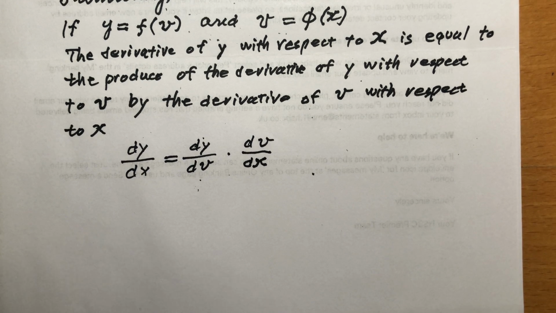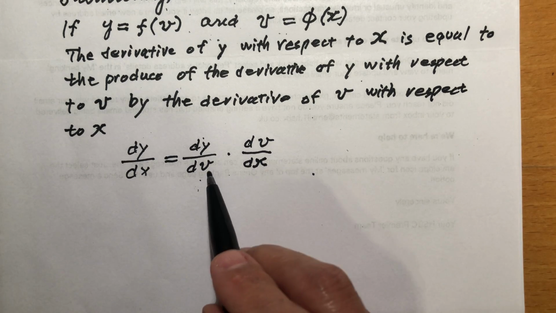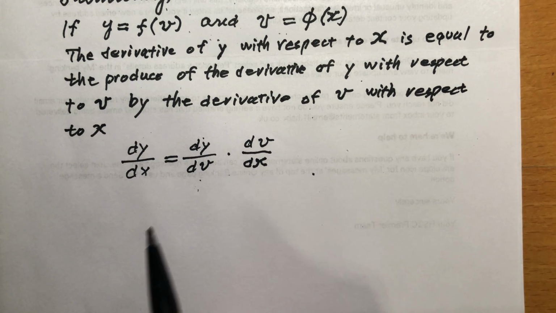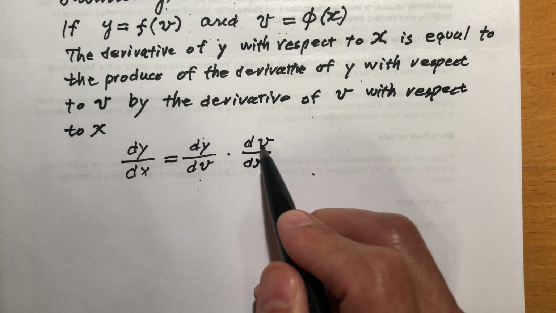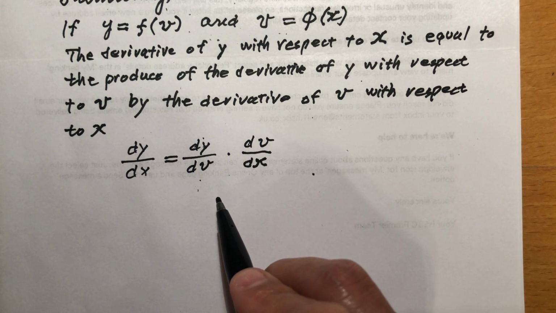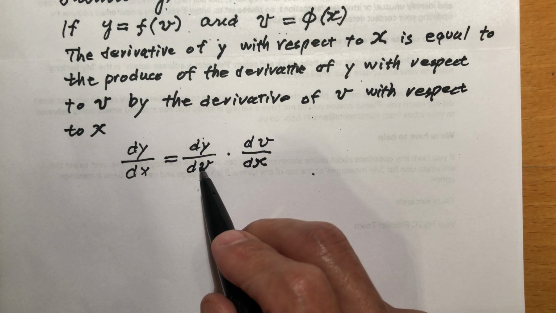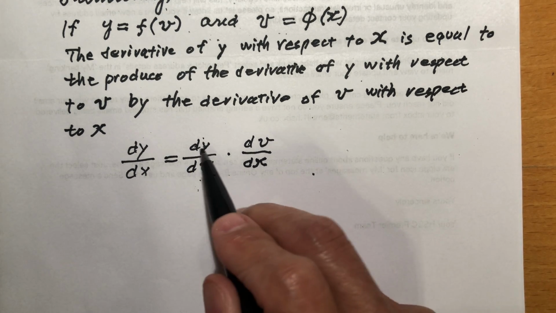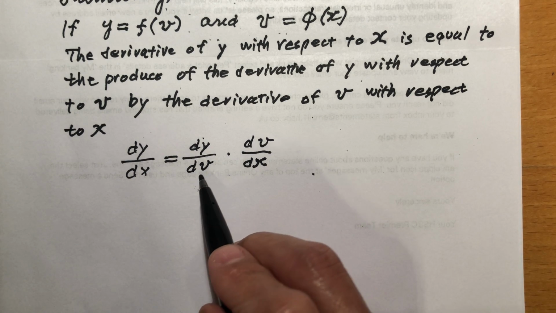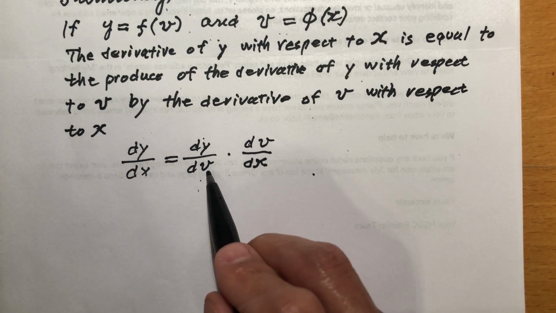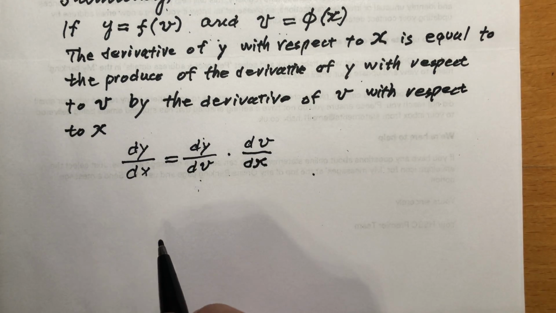Look, it is a very special rule. You look at dy by dv and dv by dx. It looks like a fraction, right? If it is really a fraction, then dv and dv can be cancelled.